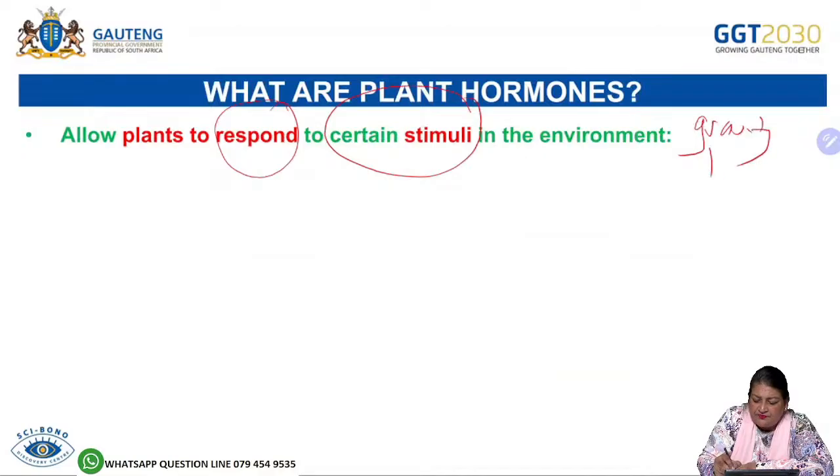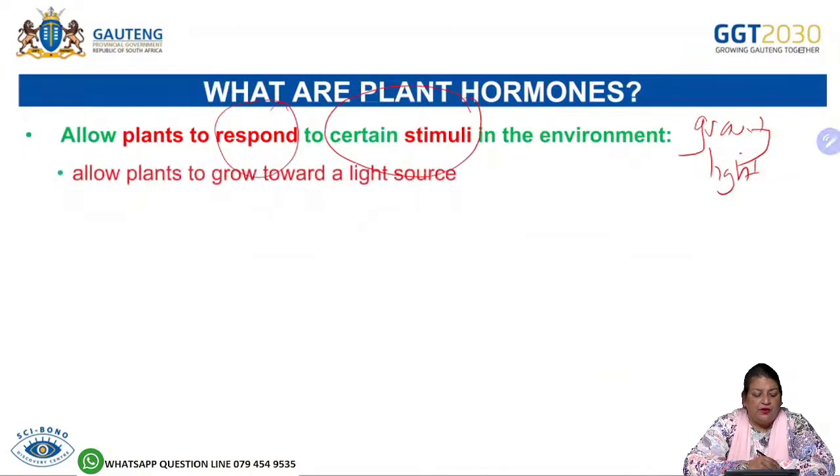Gravity is a stimulus, light is a stimulus. Together, in plural form, they are called stimuli. So plants must grow towards a stimulus. Auxins allow the plants to grow towards a light source, and when plants grow towards light, it's called phototropism. Remember, the word photo means light and tropism means bending towards, a bending movement.